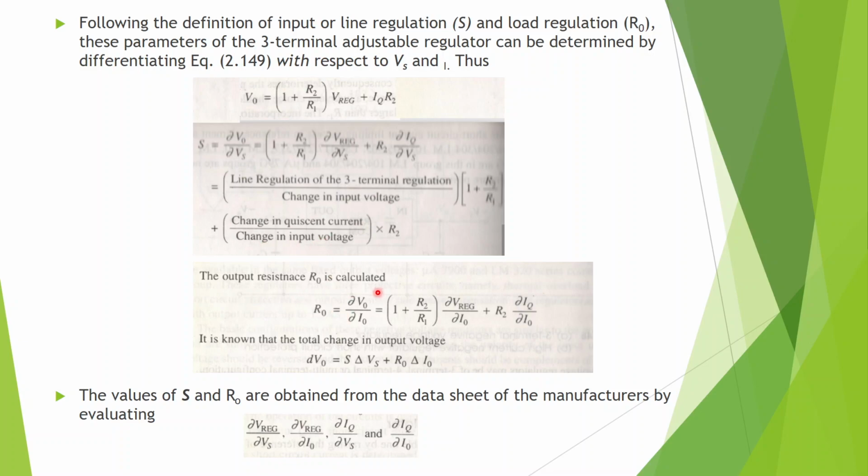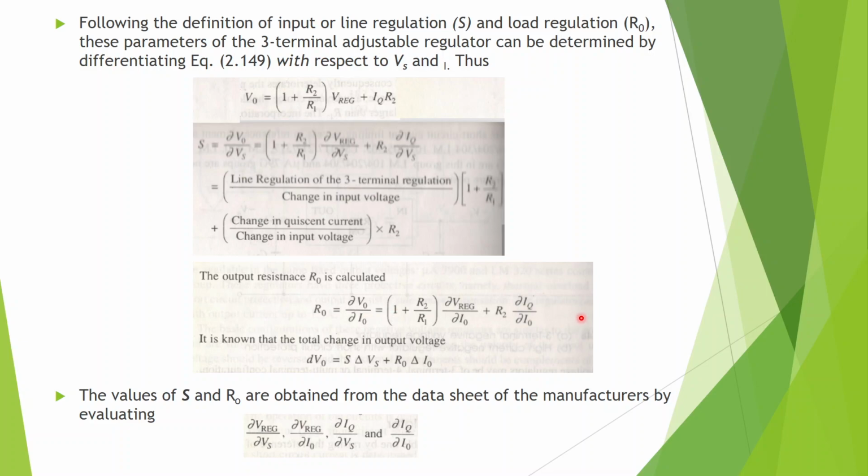Now output resistance, which is nothing but load regulation, is calculated using this formula, change in output voltage with respect to change in output current. So this VO we take from the same equation here, and we do the simplification, and we get this as the final equation.